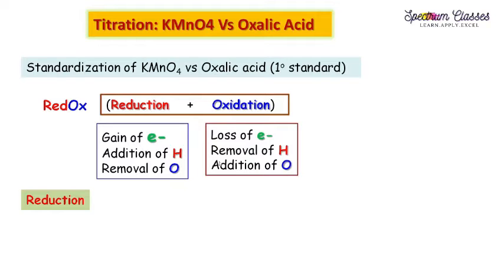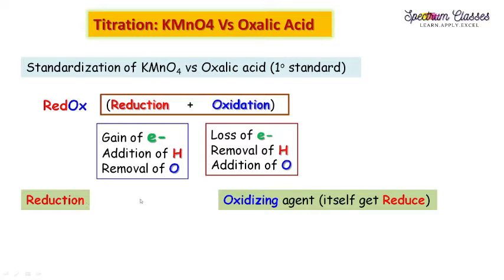The next is this. In the reduction, the chemical species itself gets reduced and works as an oxidizing agent. It means it receives the electron, and just because of its receiving of electrons, it oxidizes the other species. So this is important.